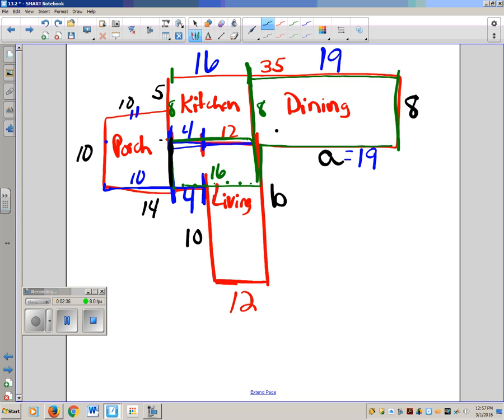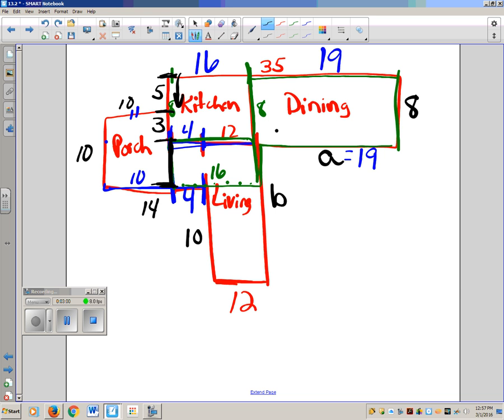You got to look towards the porch. It goes from the base all the way up to the kitchen, and then from the kitchen it goes to the top. That part is 8. From here down is 5, which means this is 3.